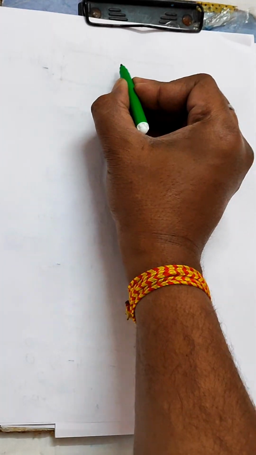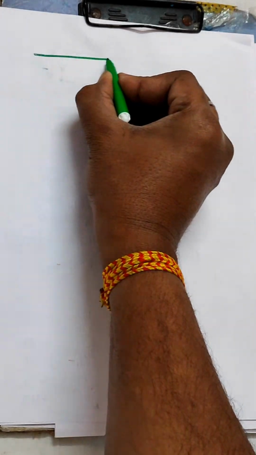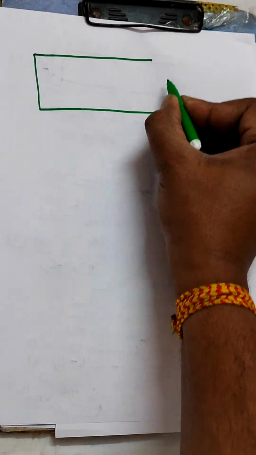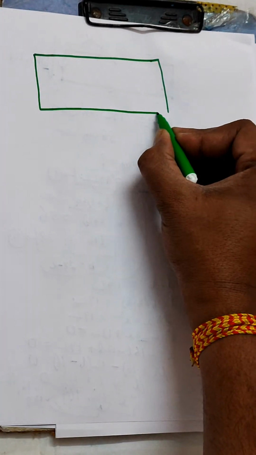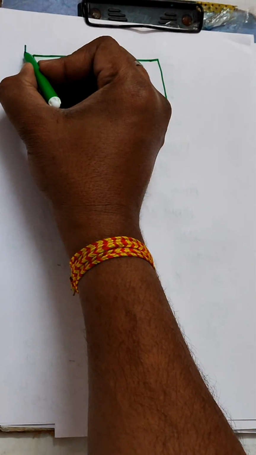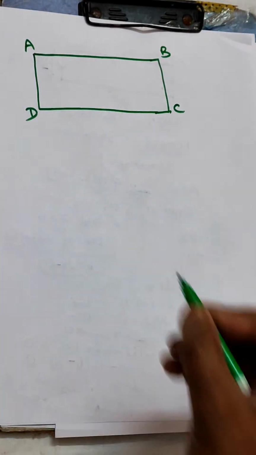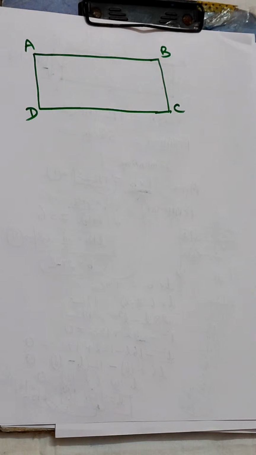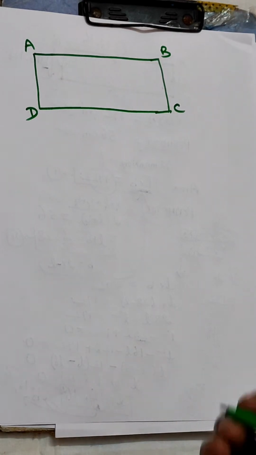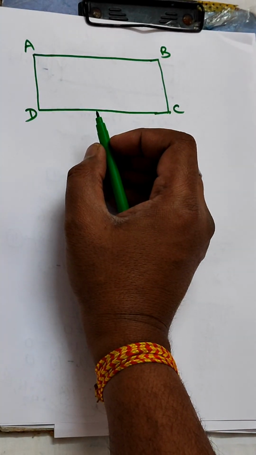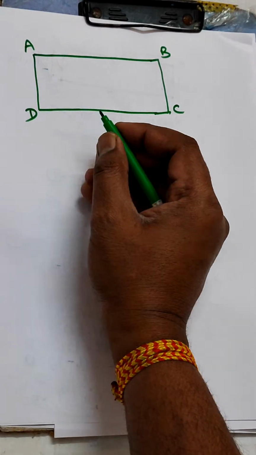So let's say this is a rectangular field, right? A, B, C, and D. And if this is the rectangular field, a footpath is running inside it. A footpath of uniform width runs all around the inside of a rectangular field.